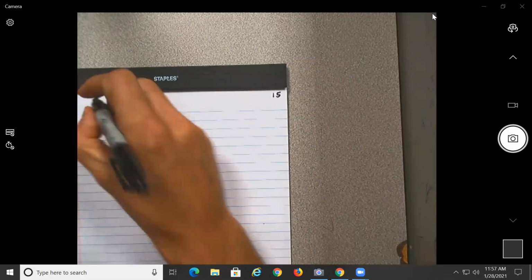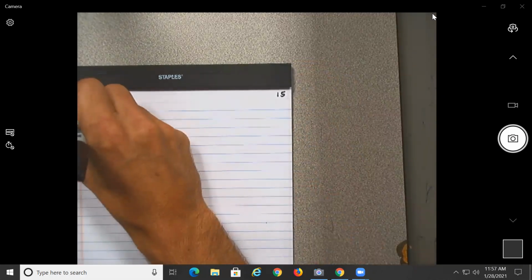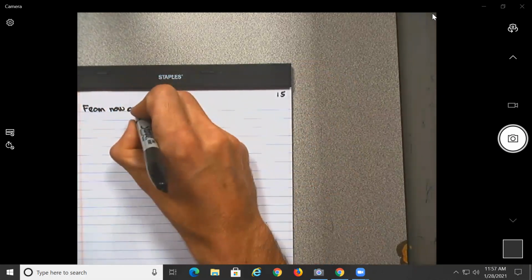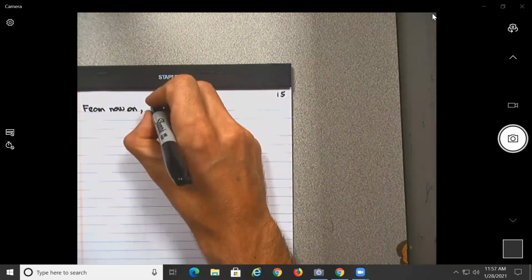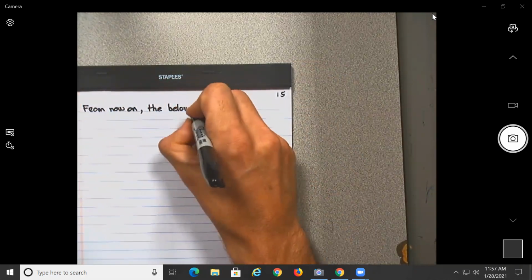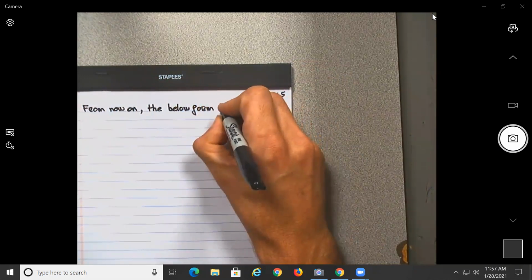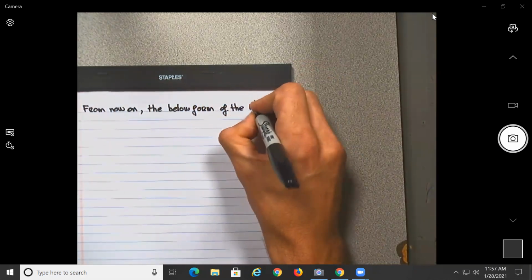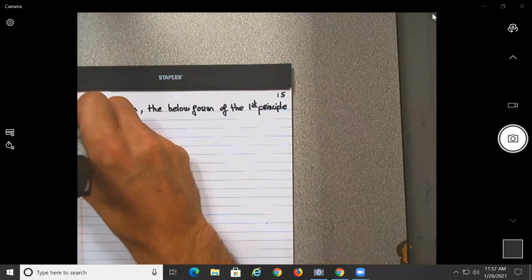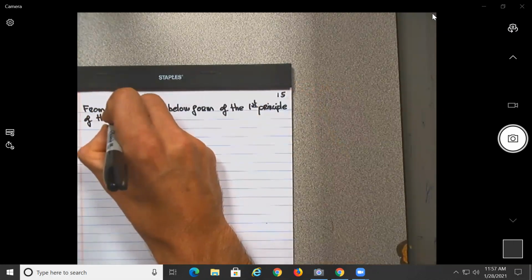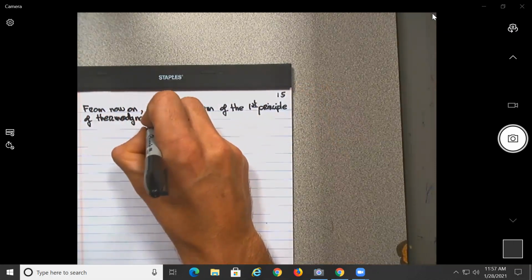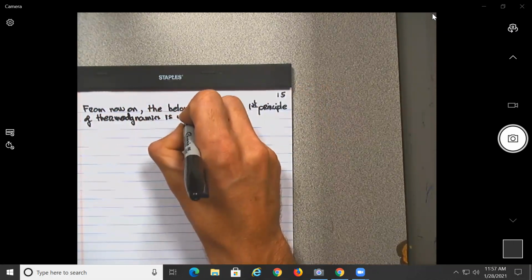So from now on, the below form of the first principle of thermodynamics is used.